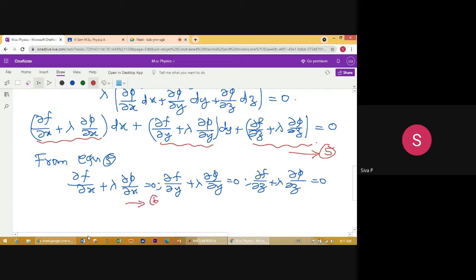This is equation number 6, this is equation number 7, this is equation number 8.